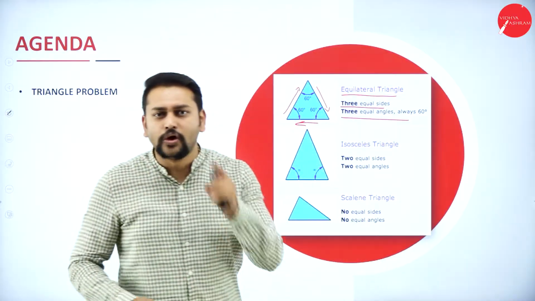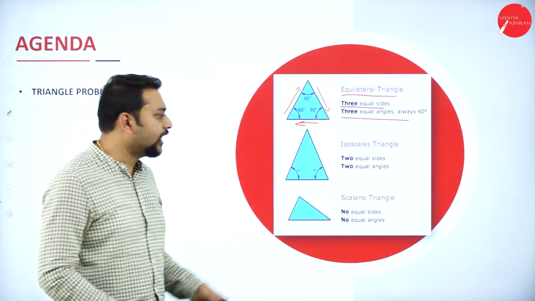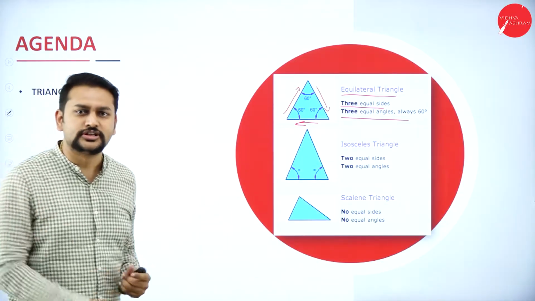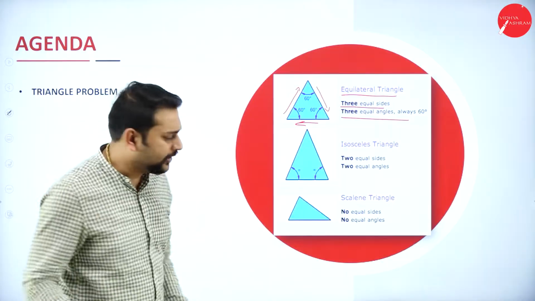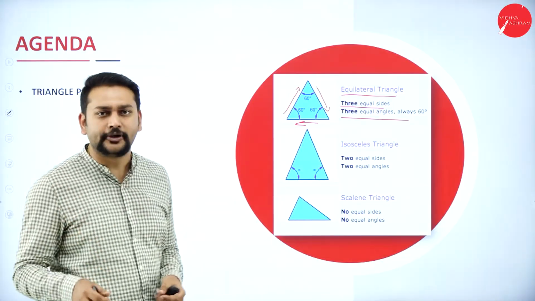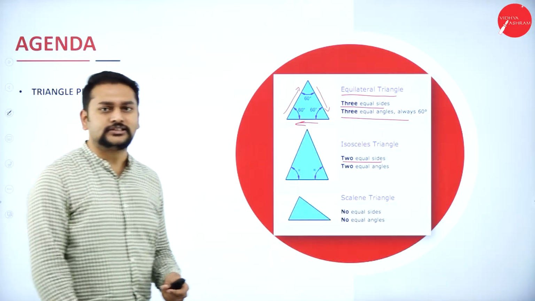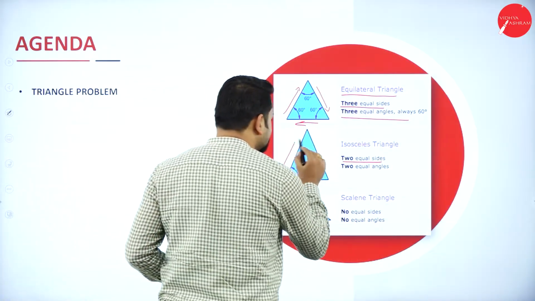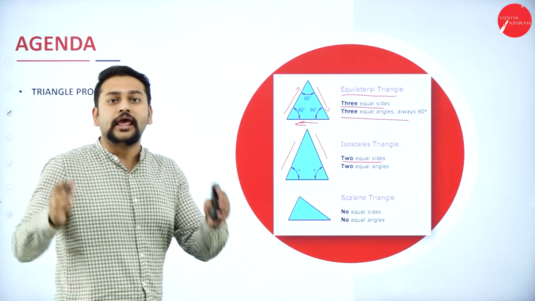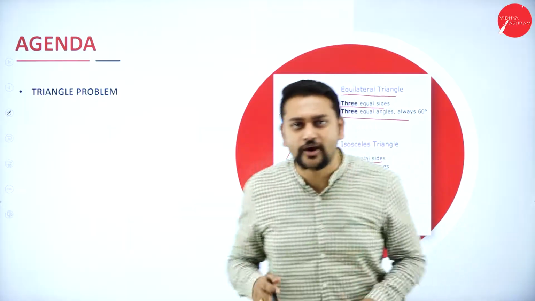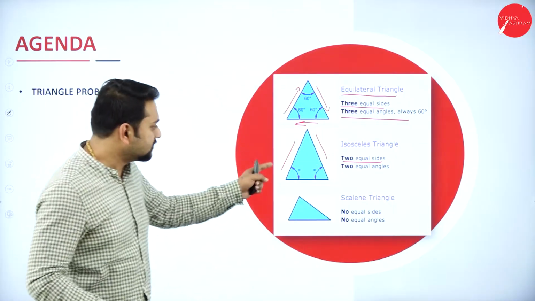What is the next one that I have? The next one is the isosceles triangle. What exactly is an isosceles triangle all about? Listen to me carefully. If 2 sides are equal, this side and this side are equal, then I will call it an isosceles triangle. Is that mandatory, this side and this side?